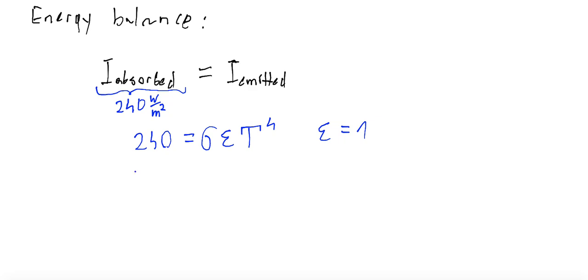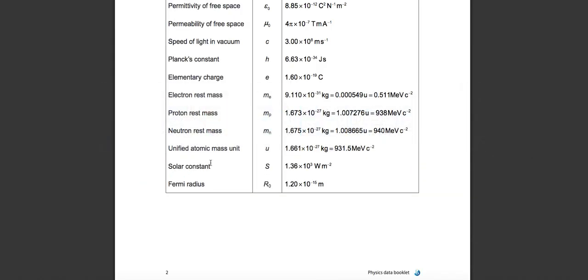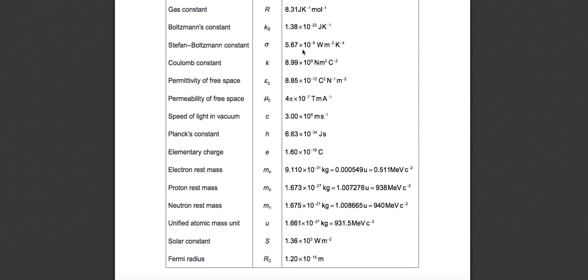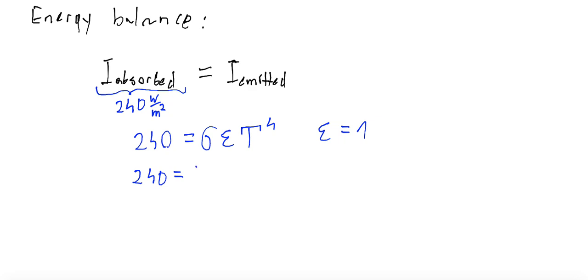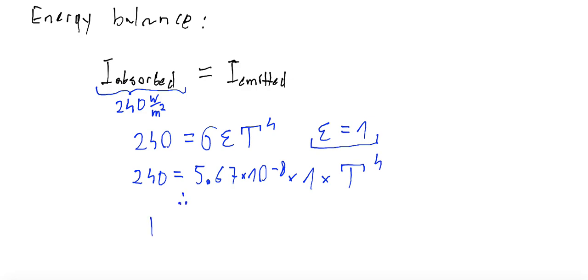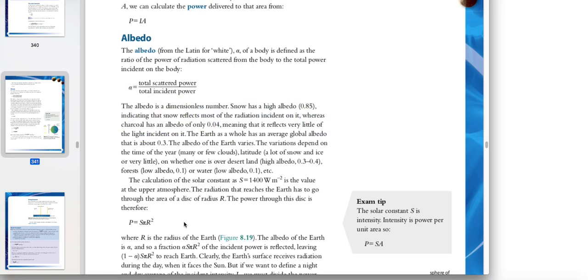So we have 240 equals the Stefan-Boltzmann constant, which is in your data booklet somewhere here, 5.67 times 10 to the power of minus 8, times emissivity, which I assume is equal to 1, times the temperature of the Earth to the power of 4. Calculate this using your calculators, and I'm going to use the result from Tsokos.